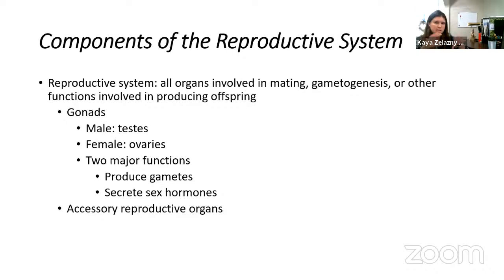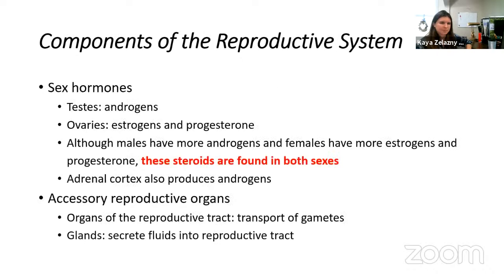They are similar organs, but in males versus females. And their major functions are to produce gametes and to produce sex hormones. There are also accessory reproductive organs. So there are going to be other organs involved with the reproductive system that aren't directly producing sperm and egg cells. So it's not like the gonads are the only organs we're going to see, but they're going to be our focus. Okay.